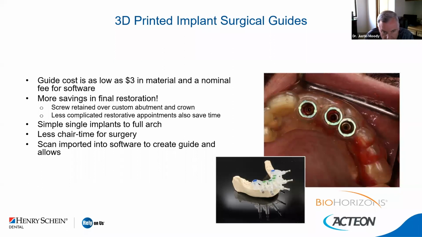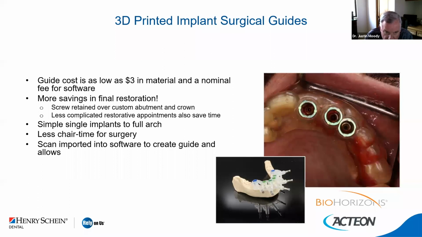So many of the surgical guides that we create, we don't even need to export into third-party software. We can literally use the cone beam software that we've already treatment planned our implants in to create our own surgical guide, and then simply export the STL file to our 3D printer to have it printed. On the right, you'll see examples of two surgical guides that we created in this software.